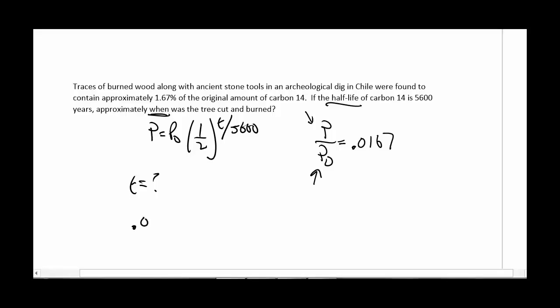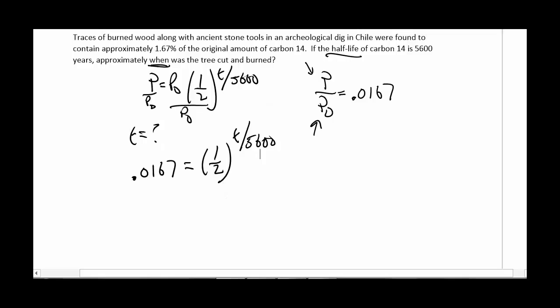So our formula, once we plug in our numbers, looks like this. We've divided by P naught, so that's why it's gone, and we're left with 0.0167 equals 1/2 to the T over 5,600. Now we get to solve our problem. My variable is buried inside the exponent, so I need to take advantage of our log rules.